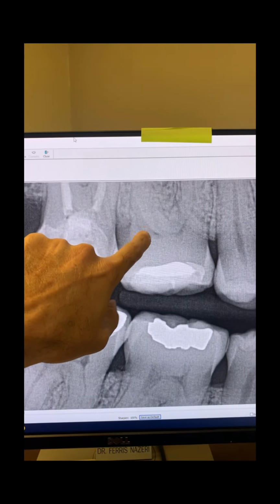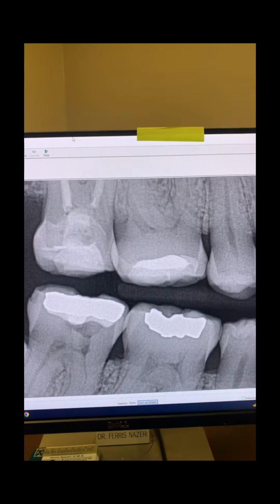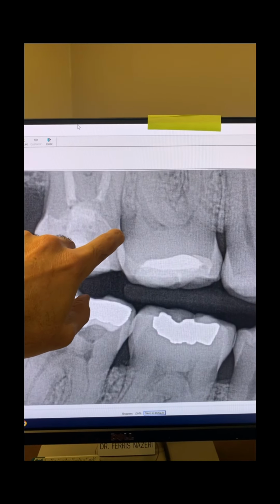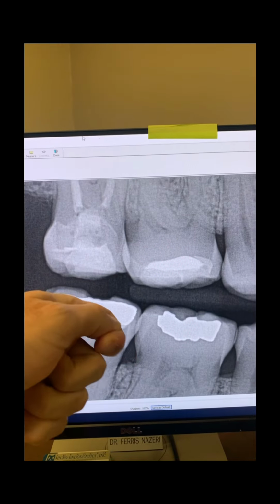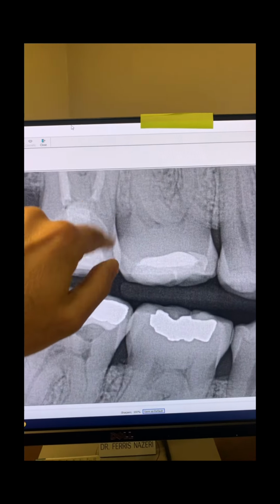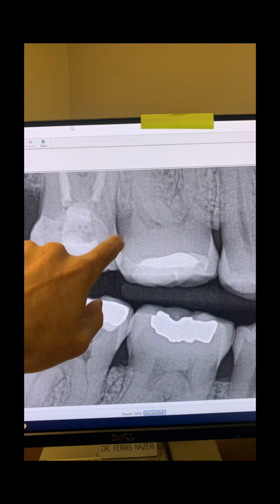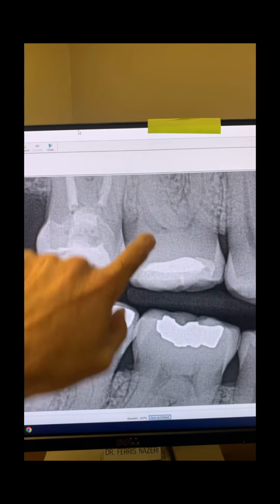Again, the goal is not to expose the pulp. And then I would go to a sharp spoon and I would remove the remainder of the decay with a spoon. Again, I want to avoid a root canal here.